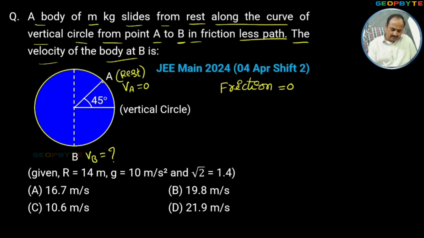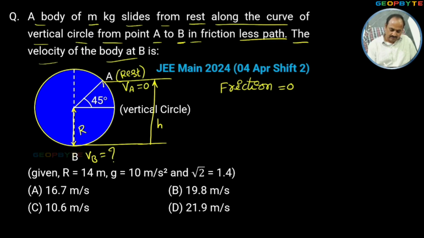The body is moving down. It is clearly given: a body of mass m kg slides from rest along the curve of a vertical circle from point A to point B. You know, this is the vertical distance traveled by the body. I can say that this is the radius, let this be the radius r.